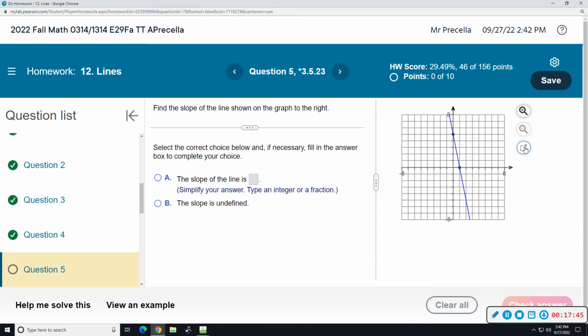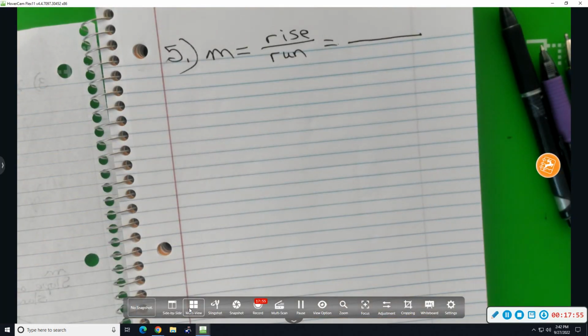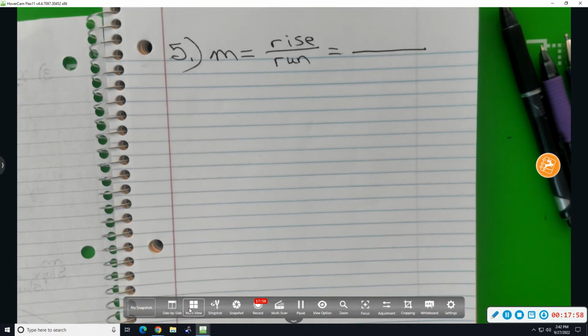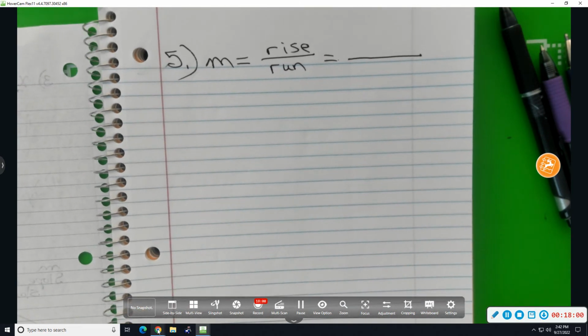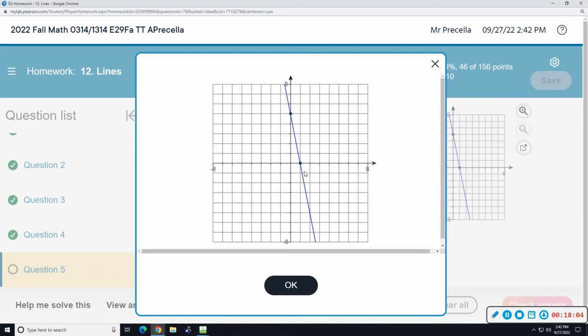I'm not going to graph it. I'm just going to write m equals rise over run. Switch over so they can see what I'm writing. Okay, we said that the slope is given by rise over run. What does that mean graphically?